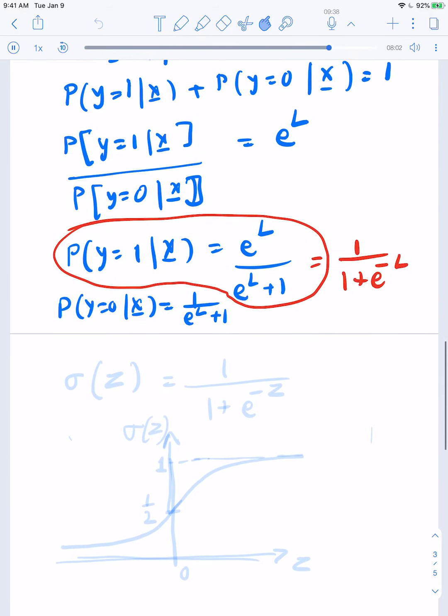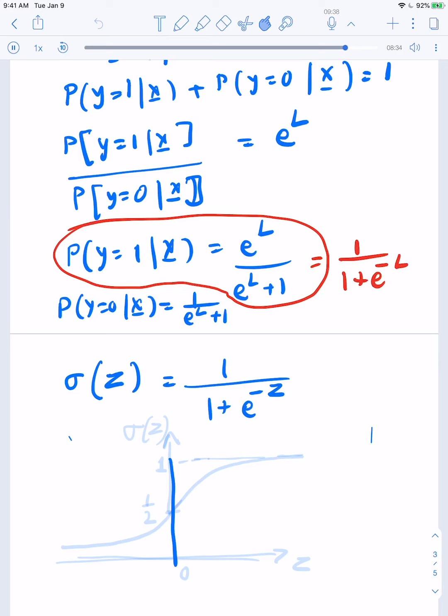So let me write it down more carefully. The sigmoid function, sigma of z, is 1 over 1 plus e to the minus z. It converts the LLR to the probability of class 1, right? And what does it look like? As z goes to infinity, e to the minus z goes to 0, and so sigma of z tends to 1.